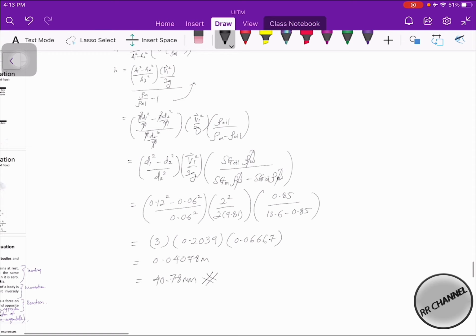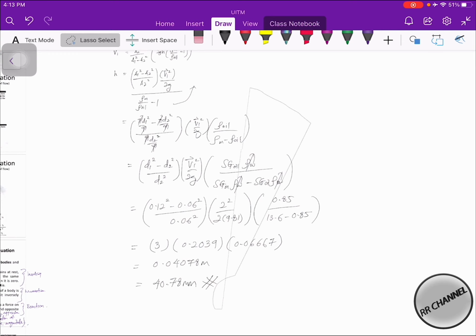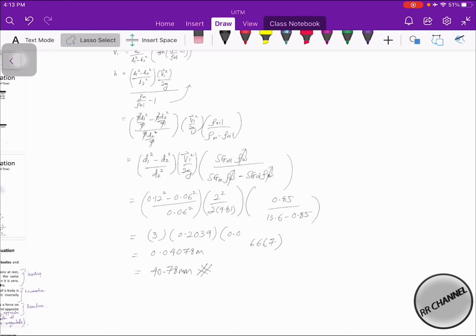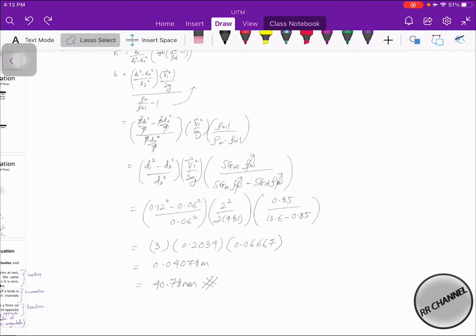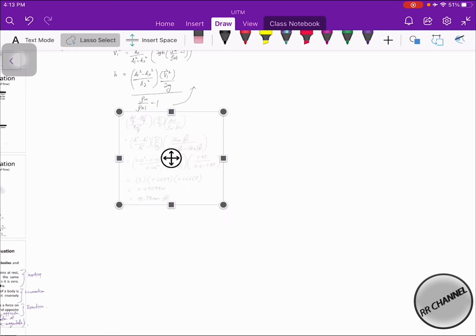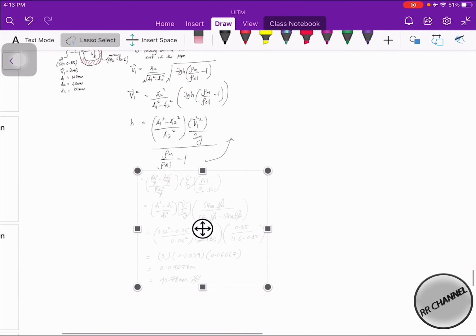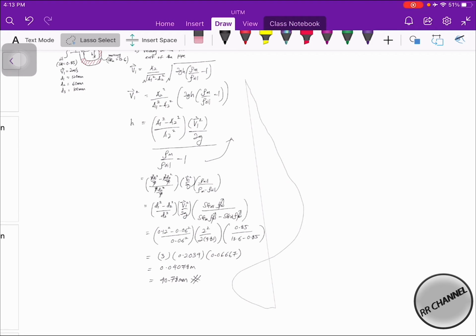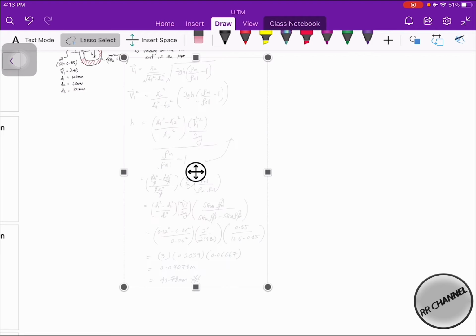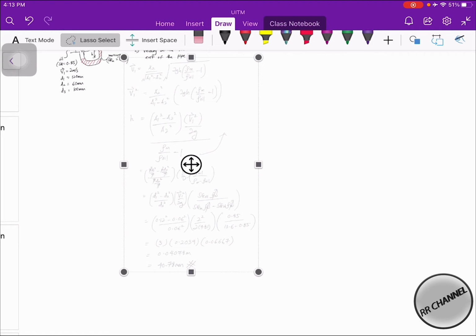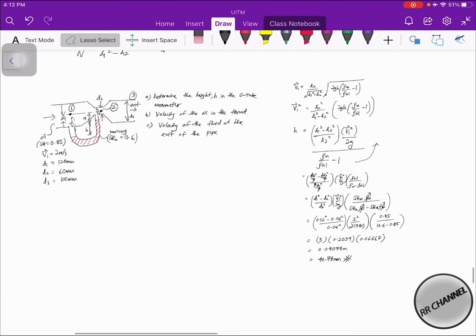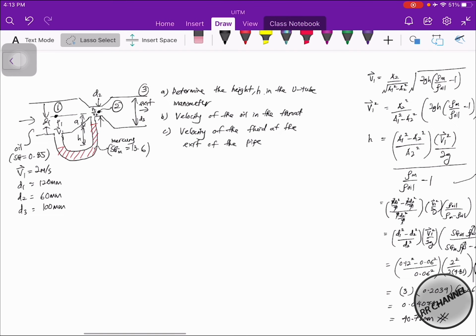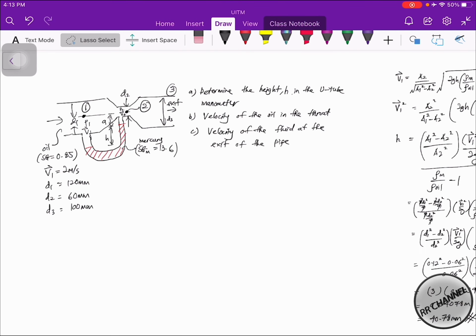Okay, our answer is here for question A. Now for question B, in order to get the velocity, we can apply the continuity equation.